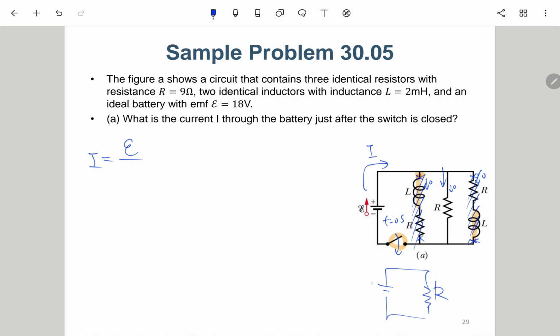We only have a single resistor and an E here, and this path is disconnected, and this path is also disconnected. So we have E over R, which is 18 over 9 ohm, which is 2 A.